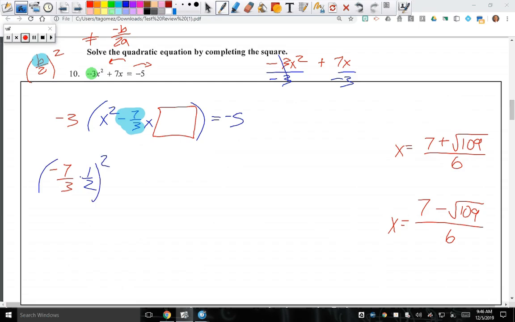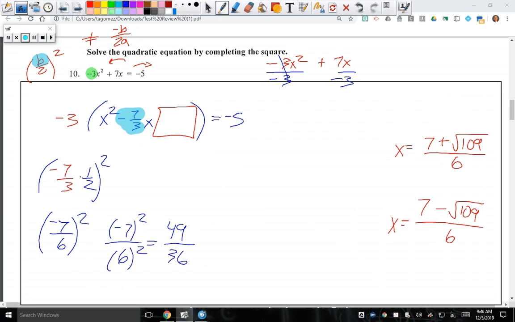And if I square it, what I'm really looking at is squaring this -7 over 6, which would give me 49 over 36. Okay? 49 over 36 goes here. It is a plus.